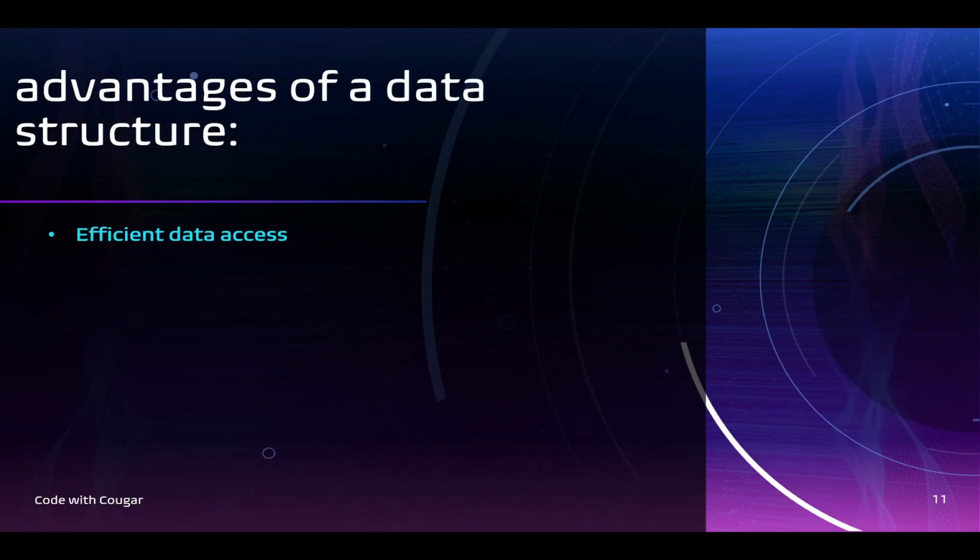As we mentioned, data structures provide an optimized way to store and retrieve data, which can significantly improve the speed of our data access and also the speed of our application. For example, using an index to access an element in an array is much faster than searching for elements in an unsorted list.